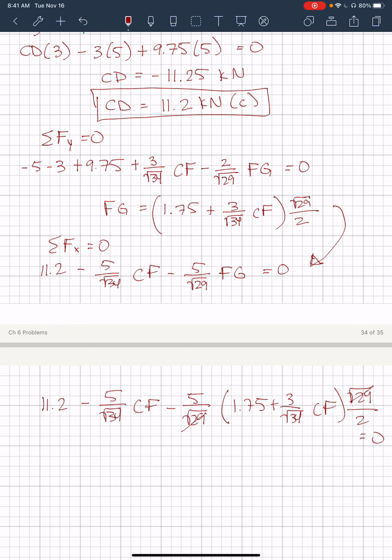5 over 2. 2.86 CF equals 0. So now I can just move the CFs over to the right side.